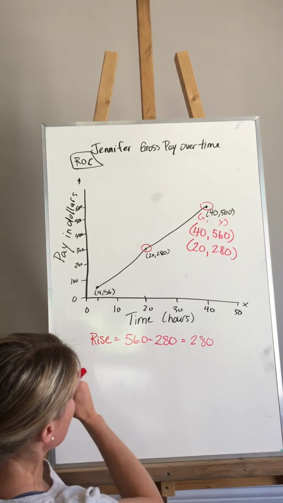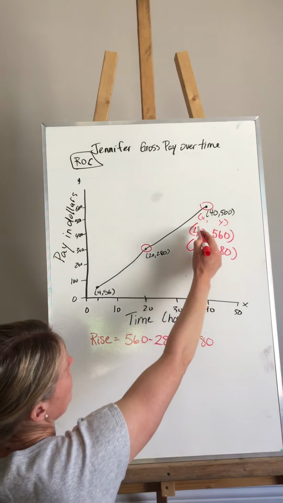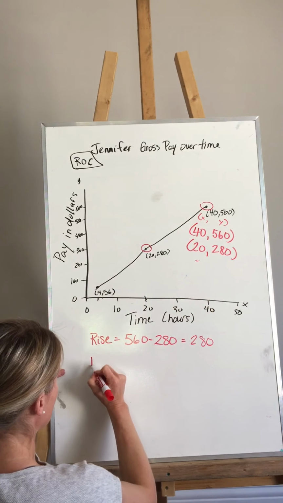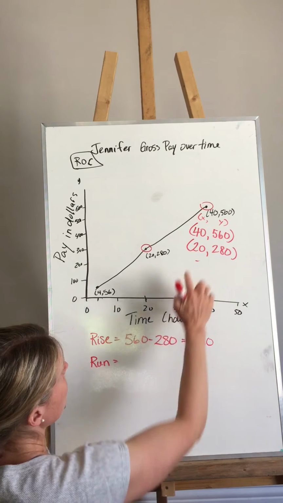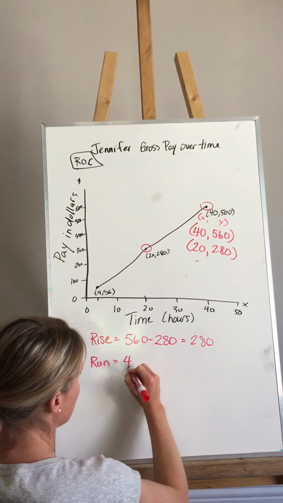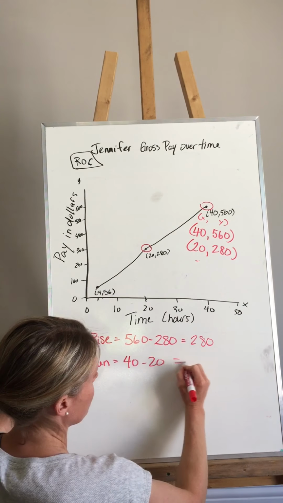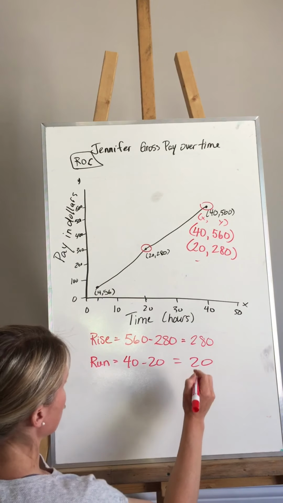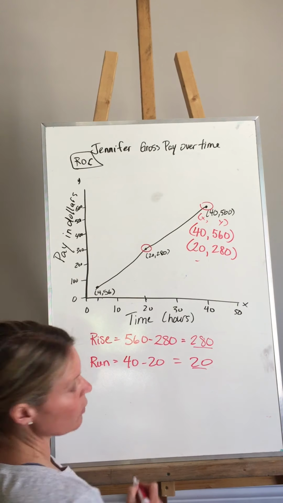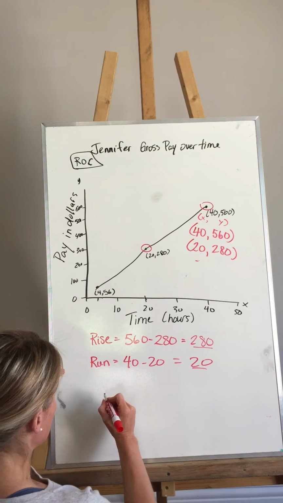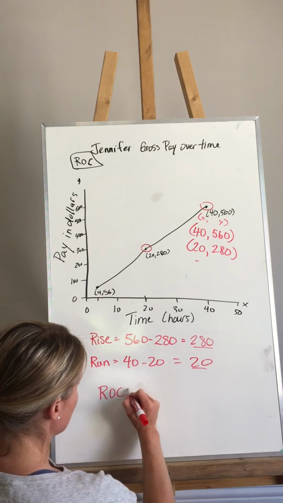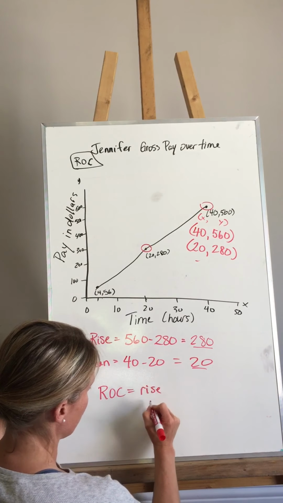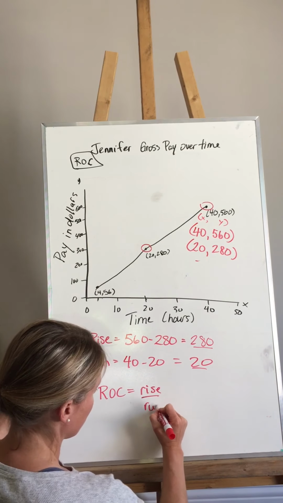Okay. My run is the difference in the x-coordinates. So my run is going to be 40 minus 20, which is equal to 20. Okay, so here's my rise and here's my run. Now my rate of change is going to be equal to the rise that I've calculated divided by the run that I've calculated.